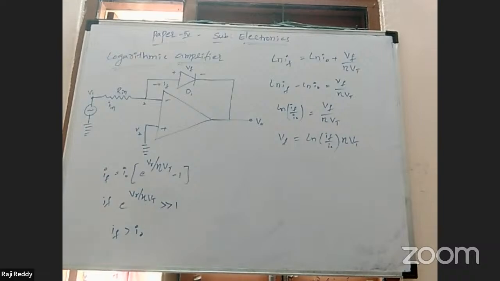RF is the feedback resistance. The operational amplifier's positive and negative pins are connected to input resistances, and the output is fed back to the input terminals through the feedback resistance RF.